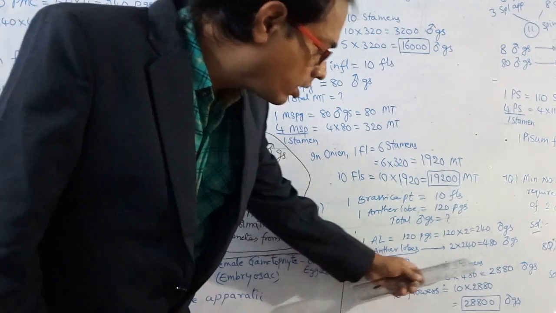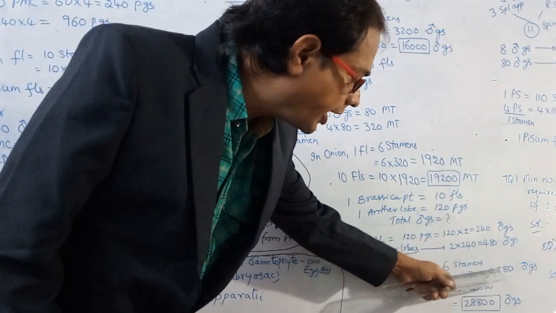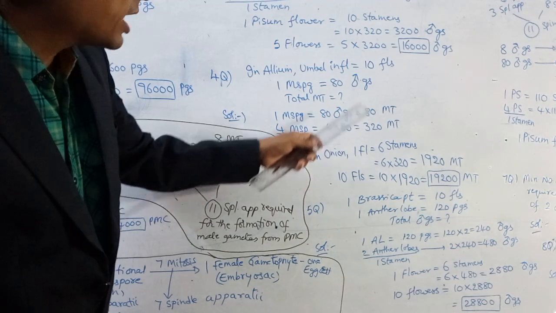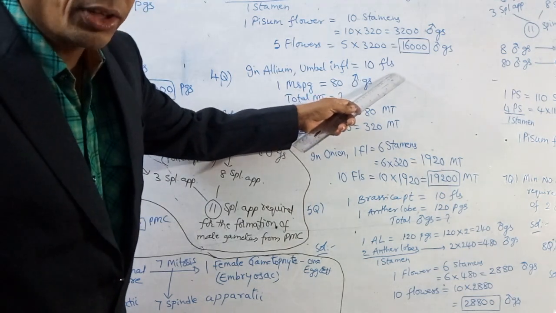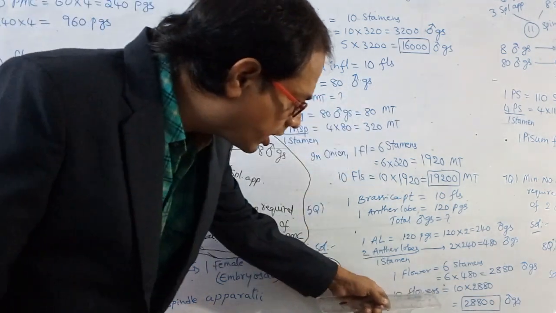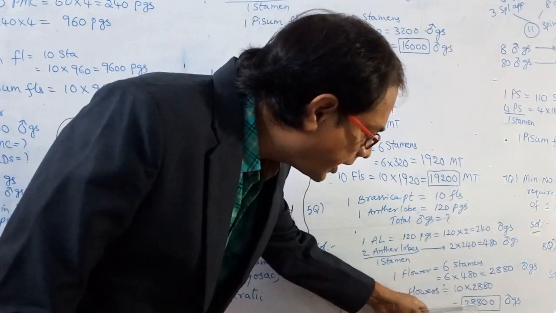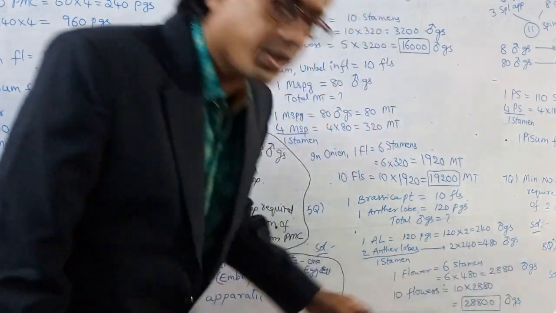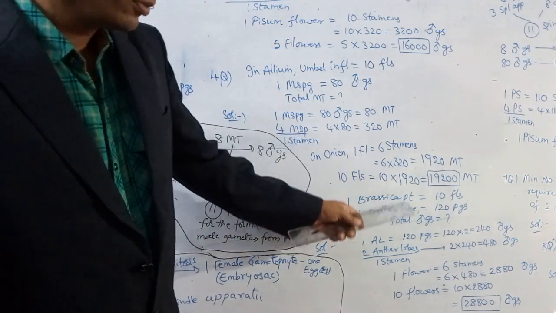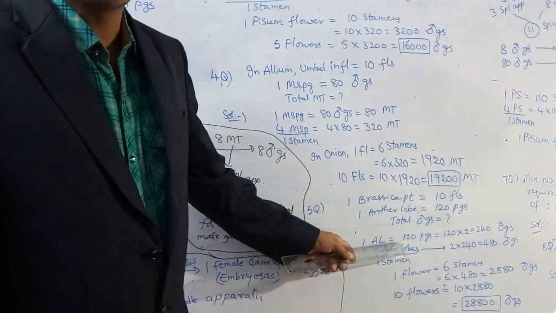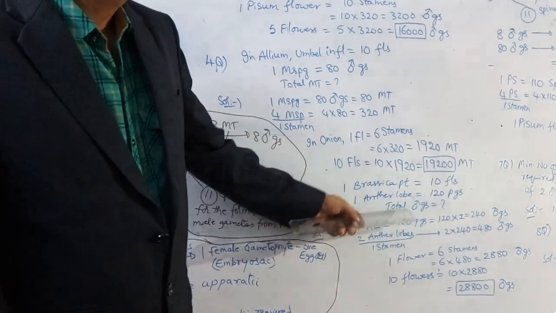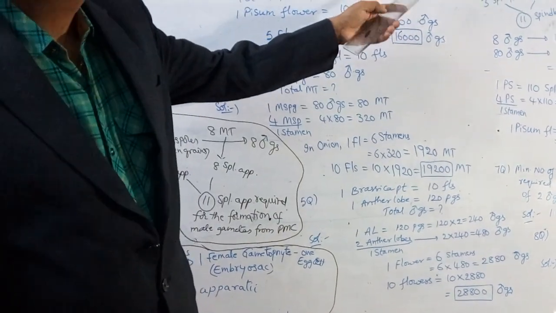For one flower, how many male gametes are obtained? 2880. So they asked for 10 flowers, isn't it? So for 10 flowers, 10 into 2880, that is equal to 28,800 male gametes. Are you understanding, my dear students? Okay, thank you. And next question.